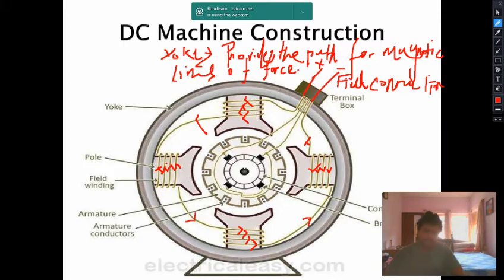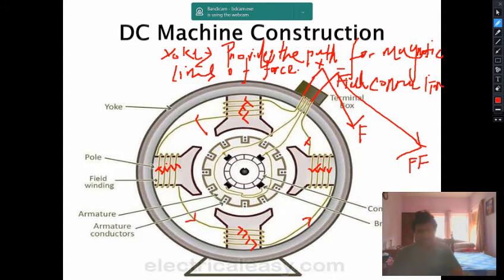So this is how they are connected. Actually, these terminals are marked as F, the positive is F and the negative is double F. These are known as the field terminals.